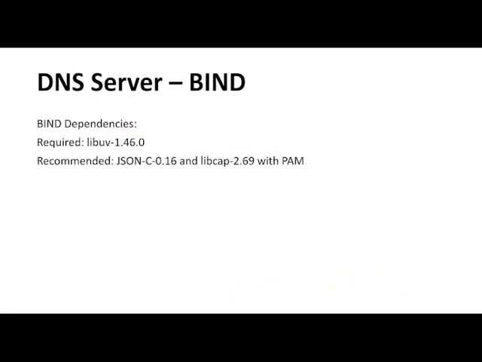So for the DNS server, I chose the BIND package. The BIND package provides a DNS server and client utilities. It is responsible for translating domain names into the IP addresses that computers use to communicate over the network. There were BIND dependencies, some required and some recommended, which needed to be installed.